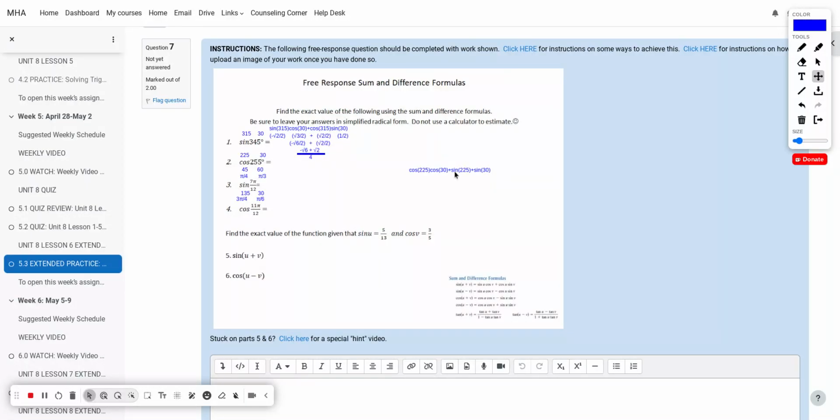Wait, actually, no, I didn't do it right. With the cosine, if you add in the equation, it's going to be subtraction. Like that. There we go.